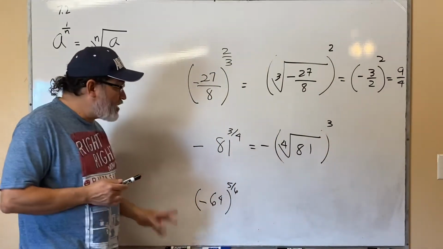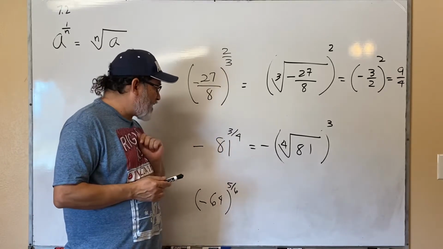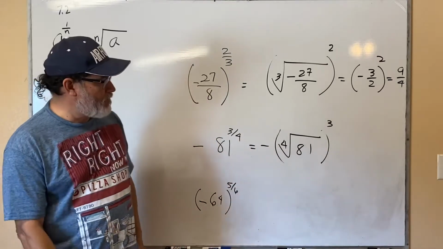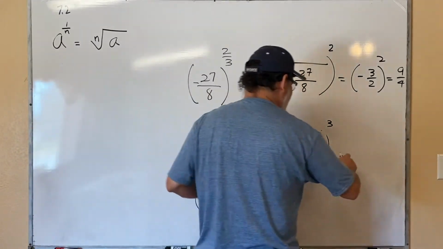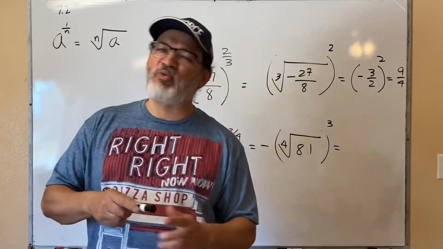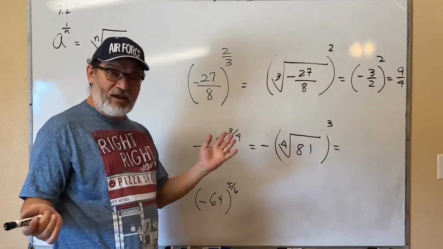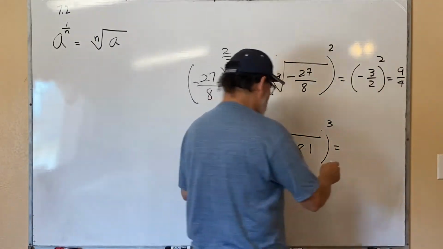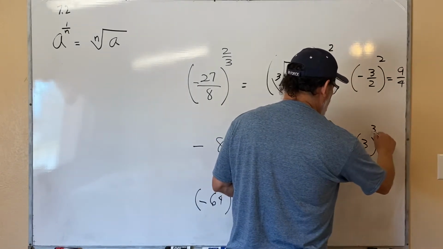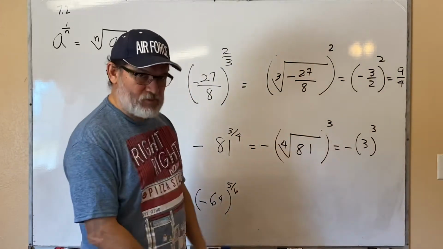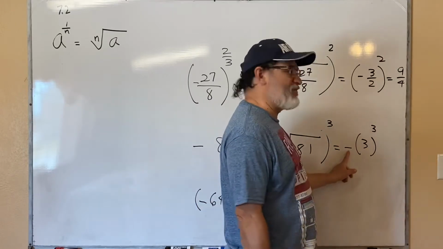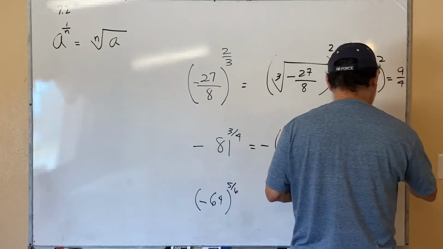That's the way it's done. Now, the 4th root of 81 is 3. So this is negative, and then 3 raised to the 3rd power, which is 27. So this is negative 27.